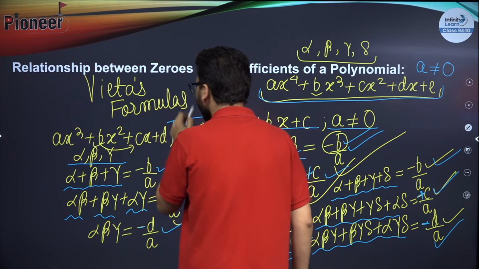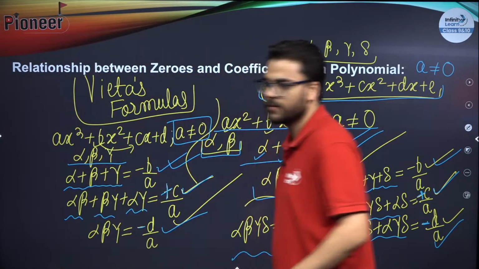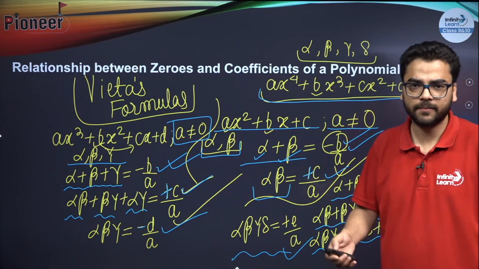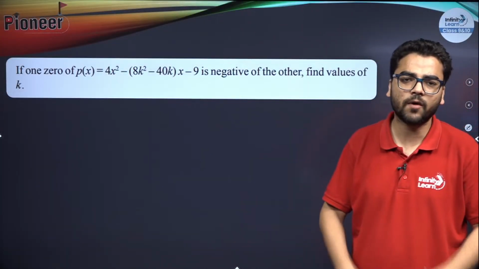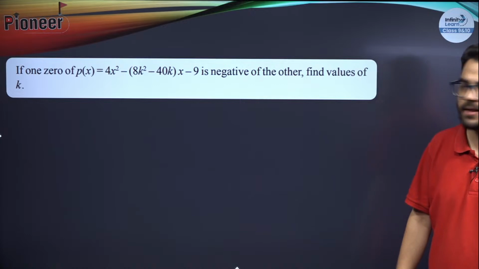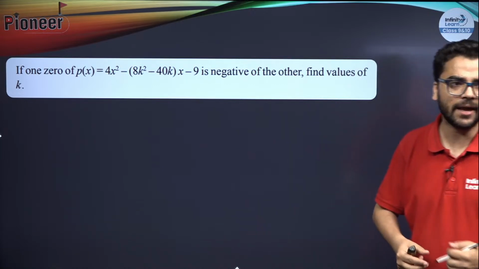Okay, try doing this one, guys. If one zero of this quadratic polynomial is negative of the other, you have to find the values of k.